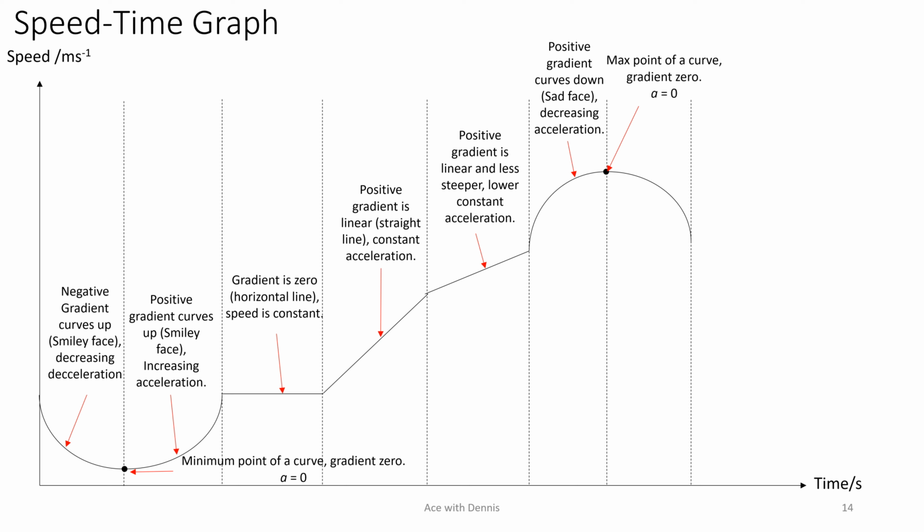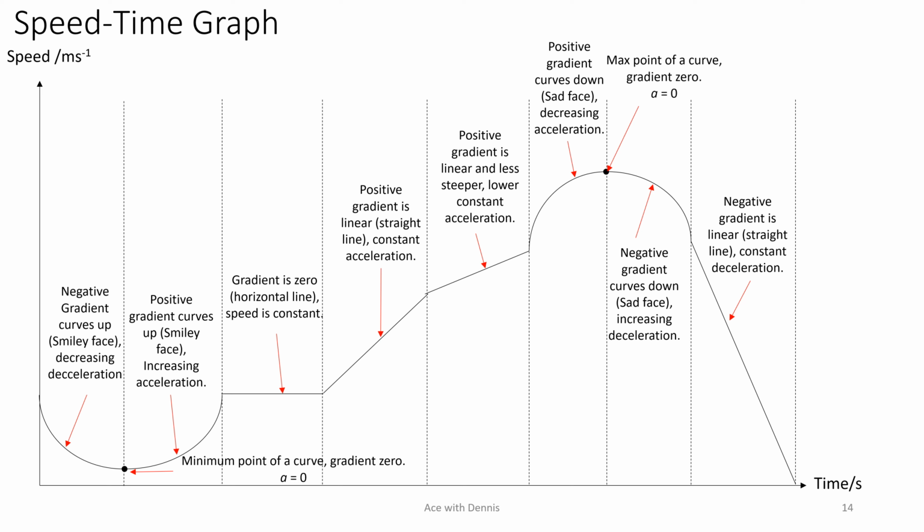That means acceleration is zero. This is a negative gradient that curves down, which is a sad face. It is an increasing deceleration. A negative gradient that is linear or a straight line means the object moves at constant deceleration. And lastly, this is the area under the graph, which will give you the total distance traveled between t1 and t2.